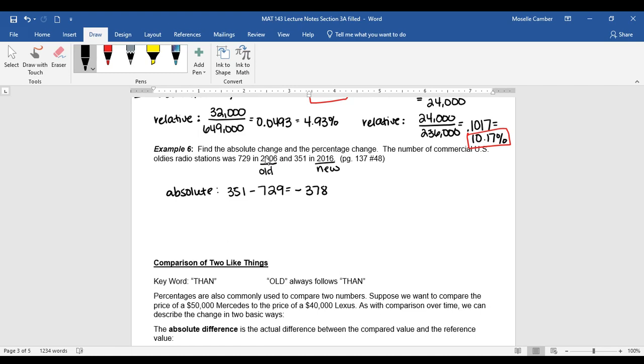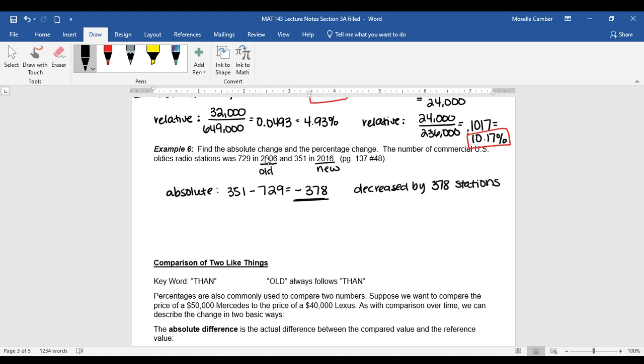Remember, this negative means that it decreased by 378 stations. Note also that because I said the word decrease, I don't have to put that negative. It's either one or the other. If they ask for just the change, like in this case, it says find the absolute change, you would put in this negative 378 into MyMathLab.